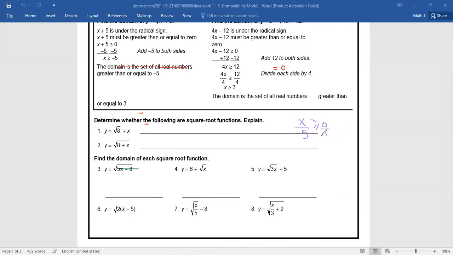Now we want to make a cross product, so you multiply both sides by 5. Then you have x more than or equal to 0. Then the answer will be all real numbers greater than, sorry, greater than or equal to 0. Understood? Yes.